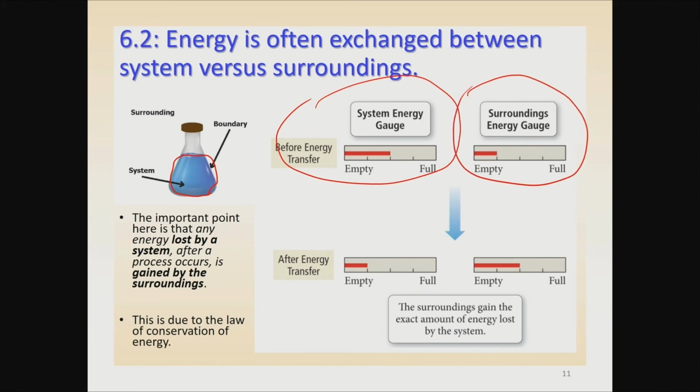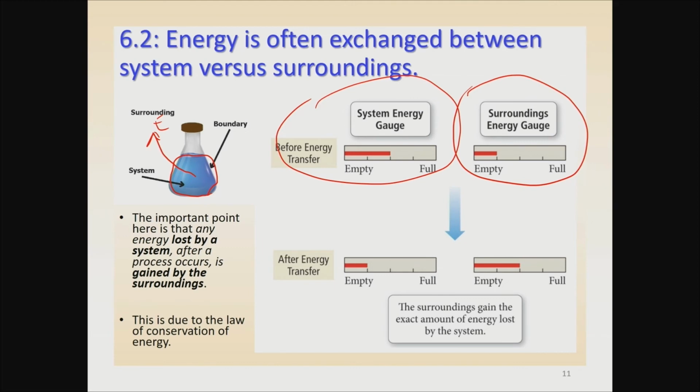So let's say we carry out some kind of reaction, some kind of chemical change, in the system. And let's imagine that during this chemical change, energy is leaving the system and going into the surroundings. Now, after that chemical reaction is finished, let's evaluate the amount of energy in the system and the surroundings.